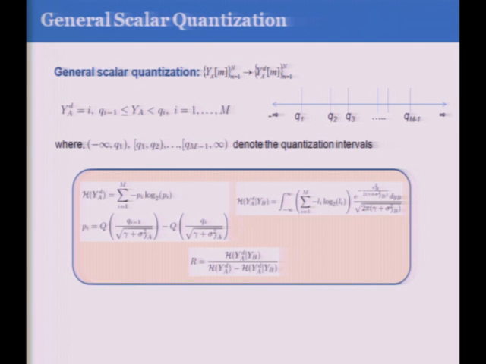Again, for this, Alice quantizes in the following manner: if the symbol value lies between qi minus 1 and qi, you go to quantization level i. Here again, you can compute the conditional entropy term, and you can compute what the efficiency ratio would be given an n and these quantization levels q1 to qm minus 1.